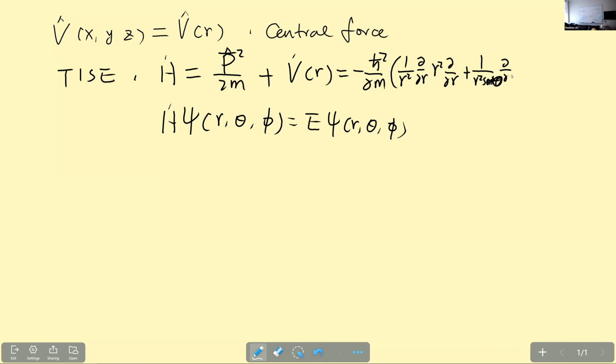Sin theta. Okay, so this is the kinetic energy, right? And then you have the potential. Okay, so this one has a rotational symmetry.